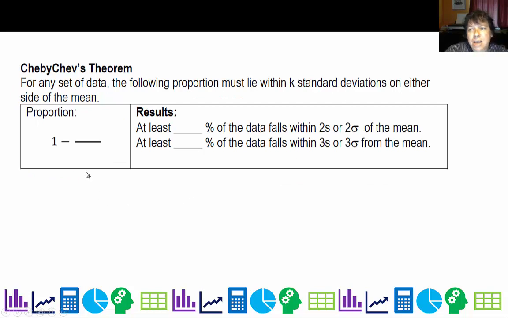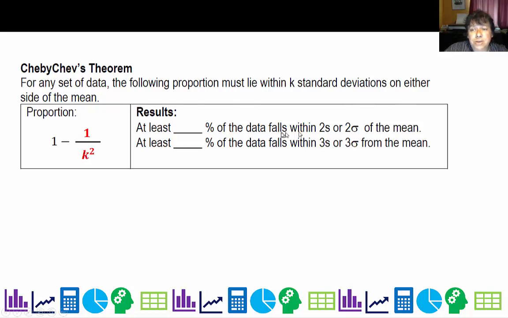Now there's another cool thing about spread described by Chebyshev's theorem. He says that for any set of data, it doesn't matter what it looks like, whether it's a pretty bell curve or a uniform distribution, the following proportion must lie within k standard deviations on either side of the mean. And this is the proportion 1 minus 1 over k squared.